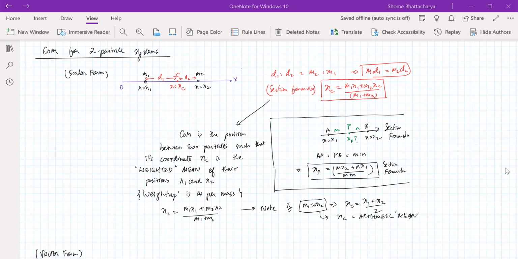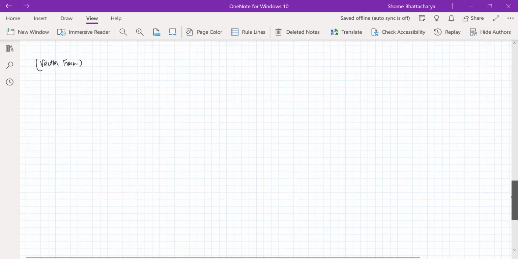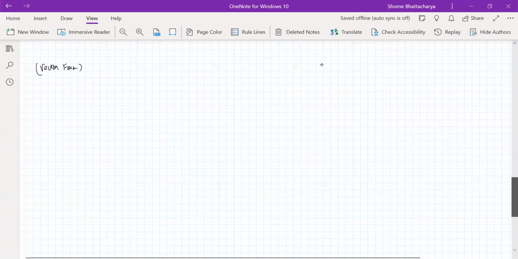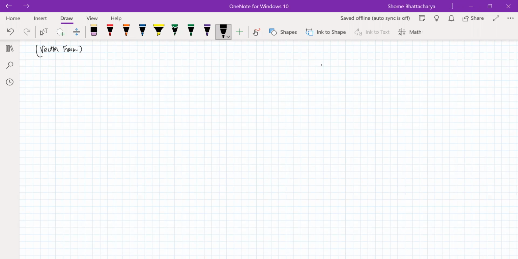Okay, so let's come to the vector form of the center of mass of a two-particle system. So we will start by visualizing this in a two-dimensional space, but then we will generalize it to 3D later.